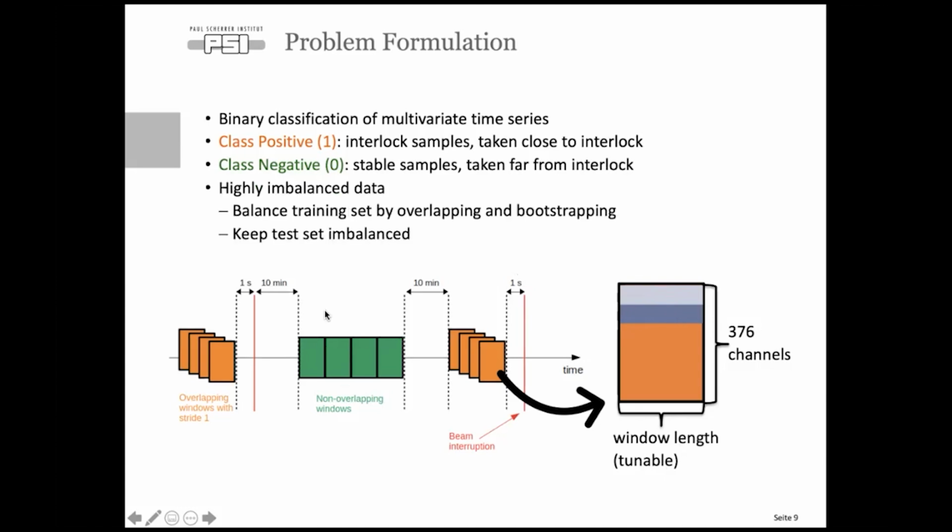And as you can see, since interlocks are rare events along a very long timeline, we have a highly imbalanced data set. So we try to balance the training set by overlapping and bootstrapping. But to still keep the imbalanced nature, we keep our test set imbalanced, as you will see in the result.